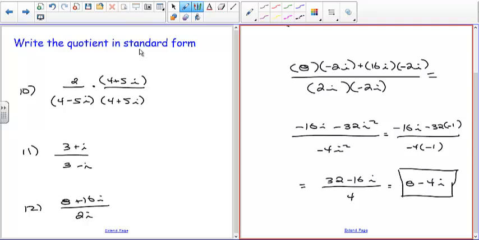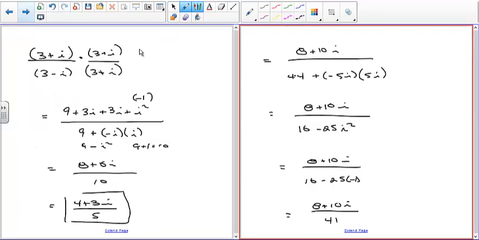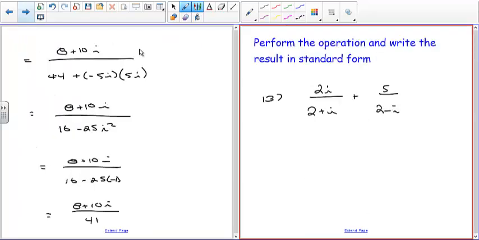Okay, so that's how you write them in standard form. Okay, and the next one is looking at how you combine rational expressions with imaginary numbers. So you have to find a common denominator, and in this case the common denominator is the product of the two denominators.